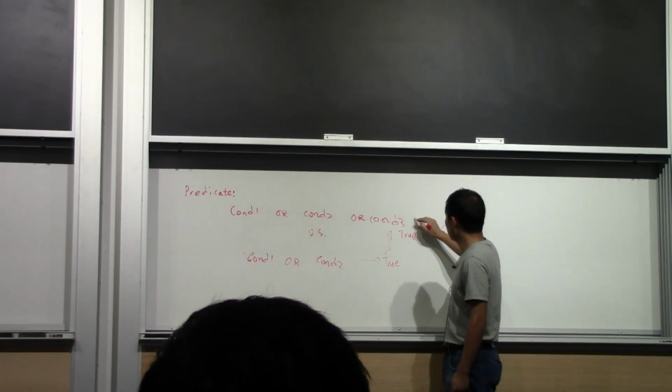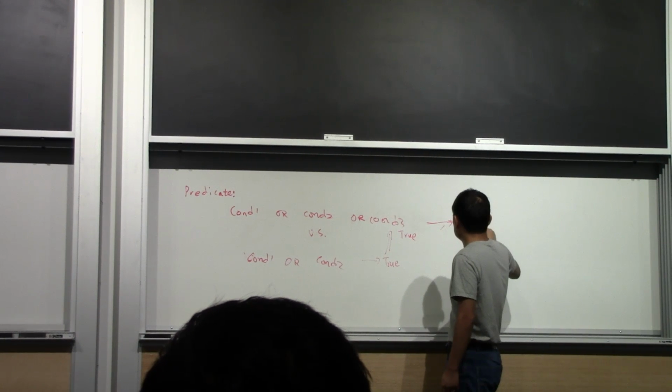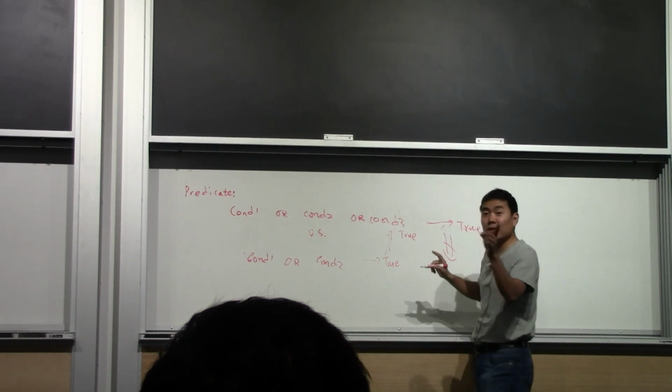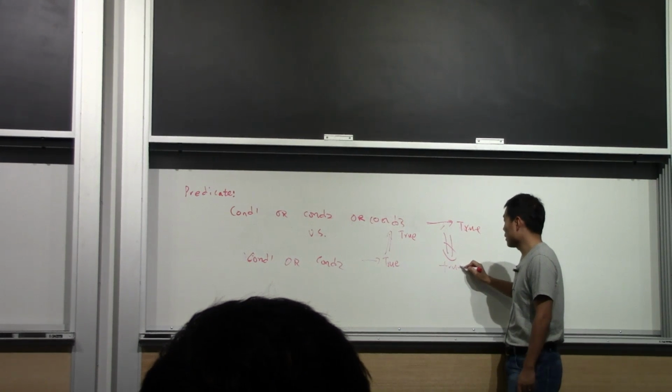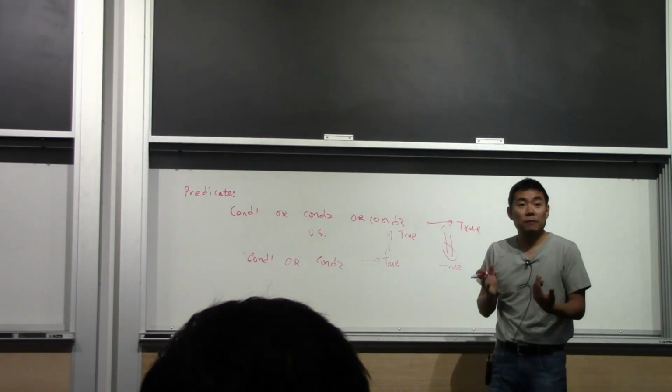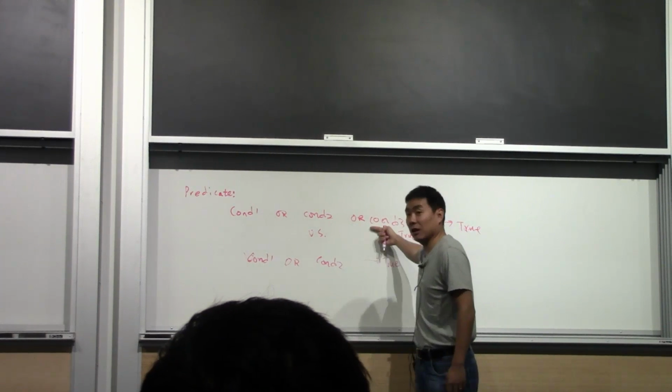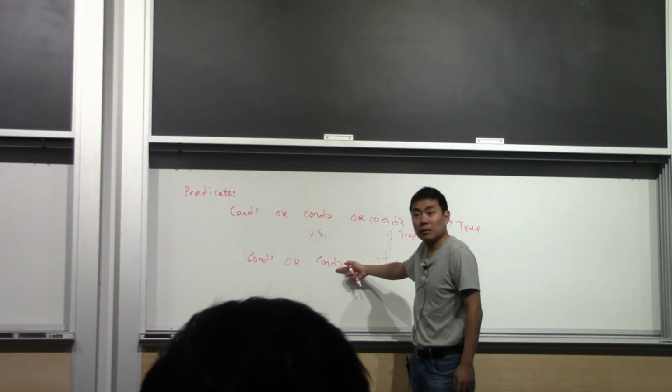But if this is true, it does not necessarily mean the second predicate is true. Does that make sense? So in other words, this is a relaxation of the second.